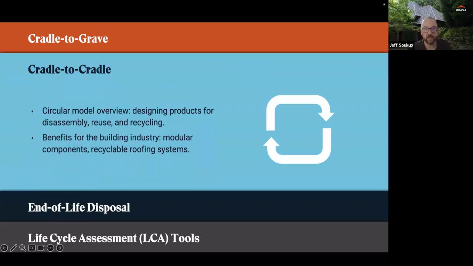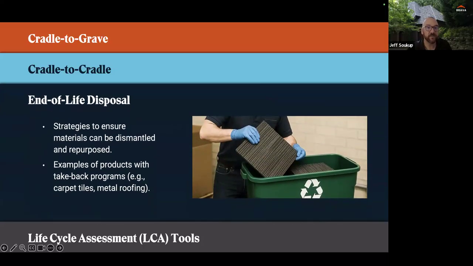So we want to reap the benefits for the building industry, some modular components, recyclable roofing systems, really being able to take an existing good, recycle it, and turn it back into something useful is the way of the future, and it's the way we flatten the curve, or make sure that we are reducing our embodied carbon and our carbon footprint.